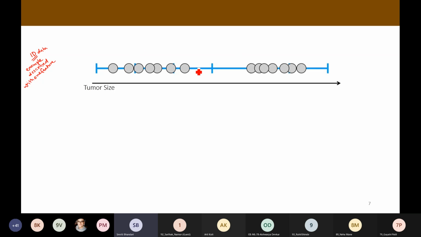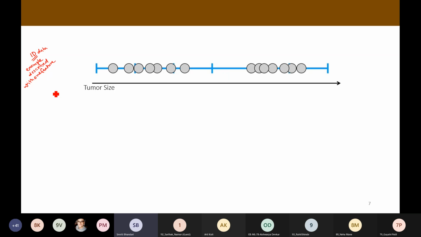So see here, we have many different samples. These circles are various observations, and as I stated, we are talking about one-dimensional data. Let us assume that this problem is from the medical domain.